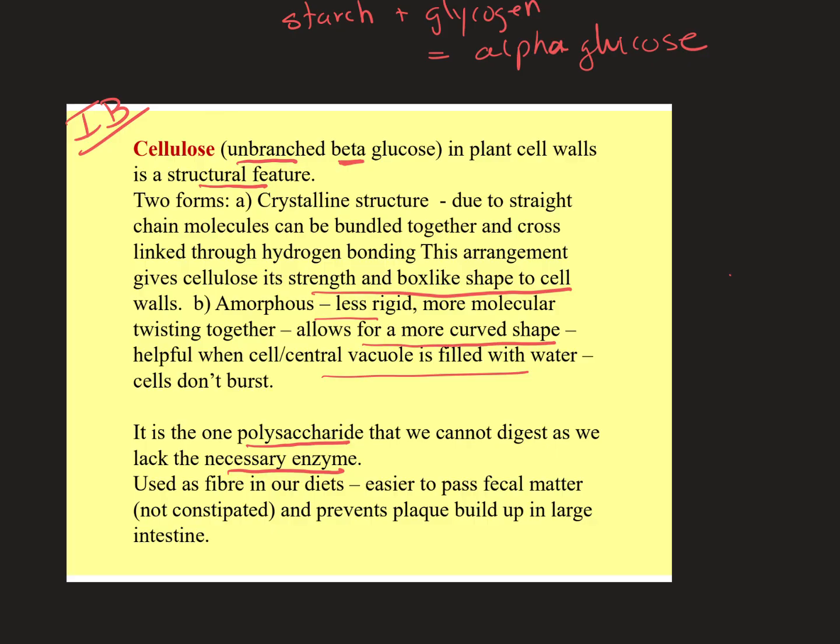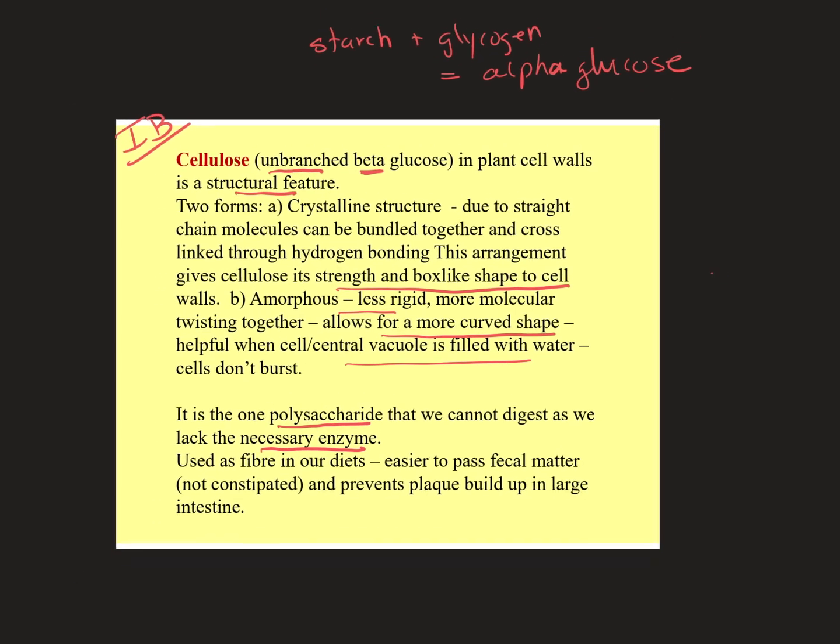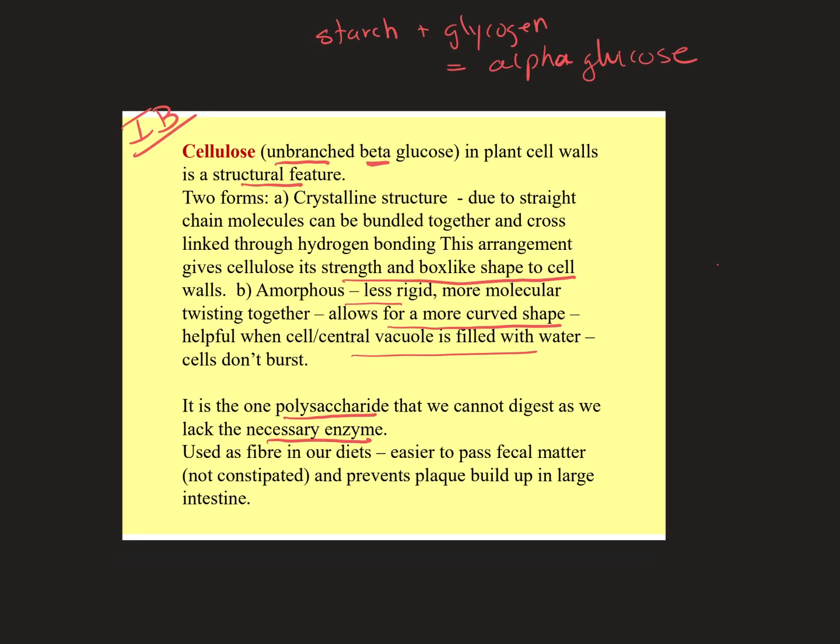Now, even though we can't use cellulose in our diet, what we do use, and I should mention this part is both IB and regular, we use it as fiber.